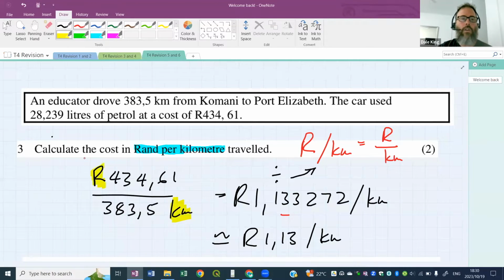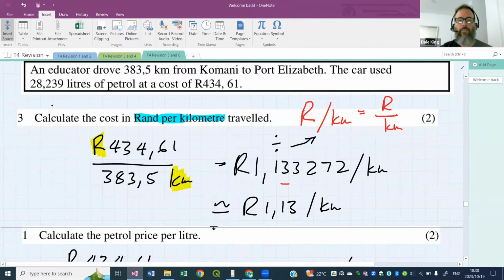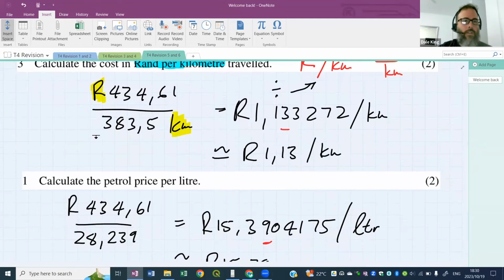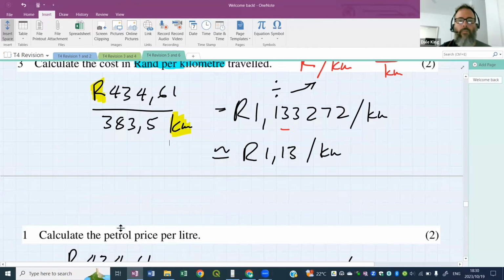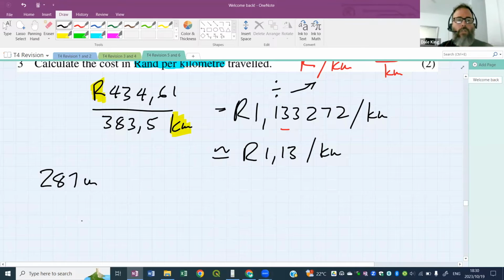All right. Let's create some new space and write an example. Let's say we had a question where you traveled 287 meters, and it took you 32 seconds.